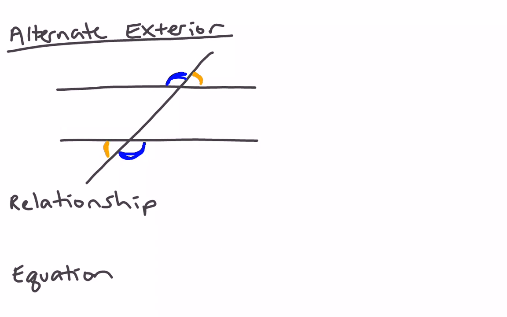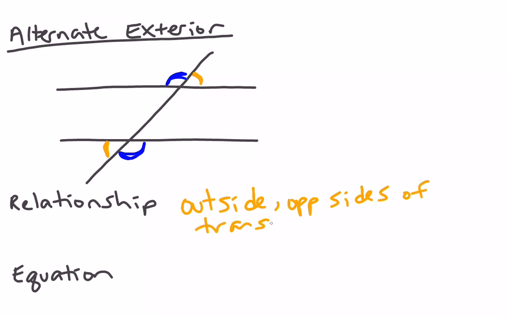So they are on the outside part of the parallel lines, and because it says alternate, they're on opposite sides of the transversal. And they also are congruent. Since they're congruent, we can set them equal to each other.